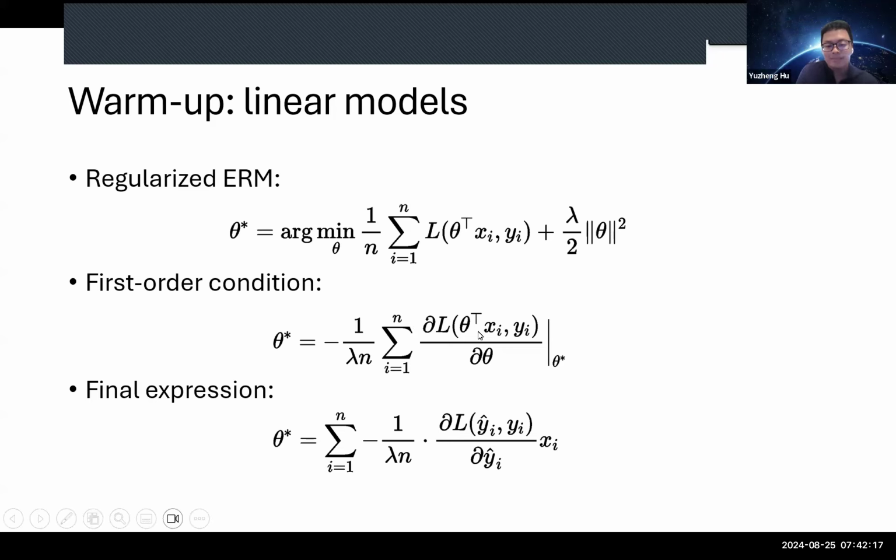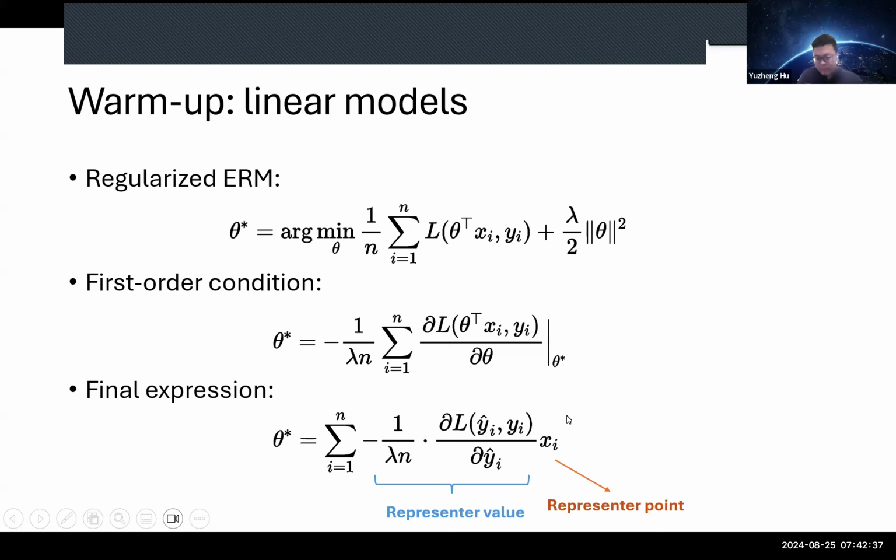Okay, because this is a linear model, essentially you can further simplify this expression, and then we get the final expression. We see that we can write the optimal model parameter theta star as a linear combination of different samples xi.